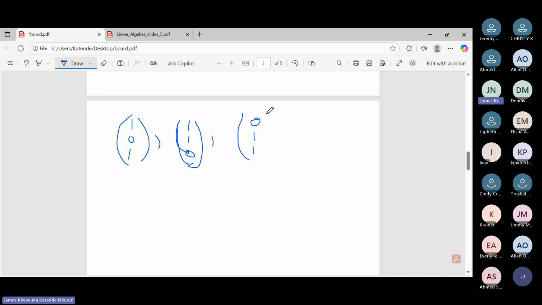I think this will form a basis for R3. This is a set of 3 linearly independent vectors, and any 3 linearly independent vectors in R3 will form a basis. So maybe you can call the first one U, the second one V, and the last one W.